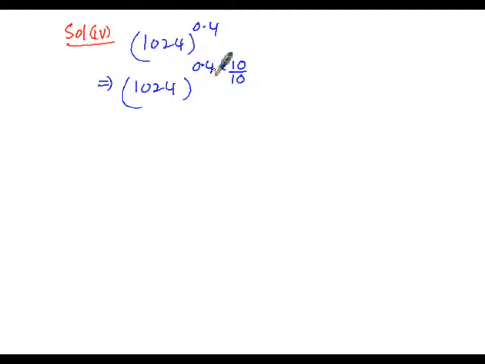You have to multiply with 10 and immediately divide with 10. So that is 1024 whole to the power of, when we multiply 0.4 with 10, the decimal after one digit will be gone. Then we will get just 4 in the numerator divided by 10 in the denominator.